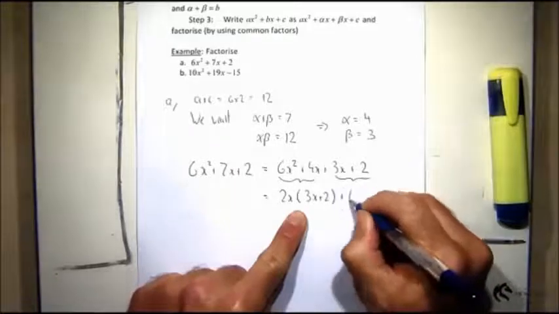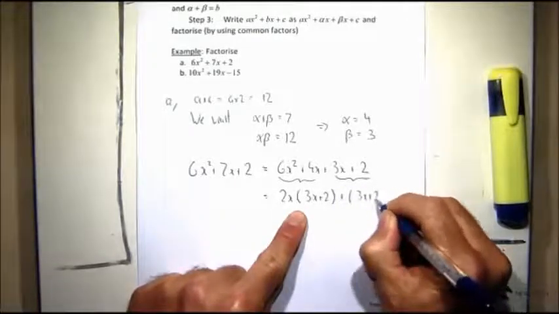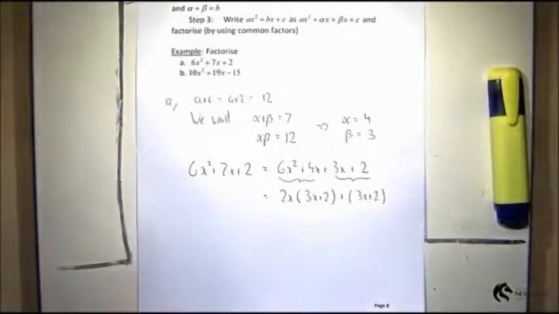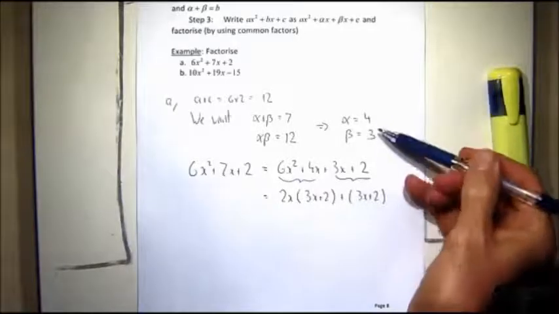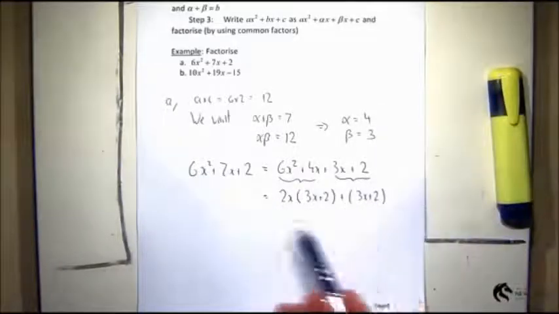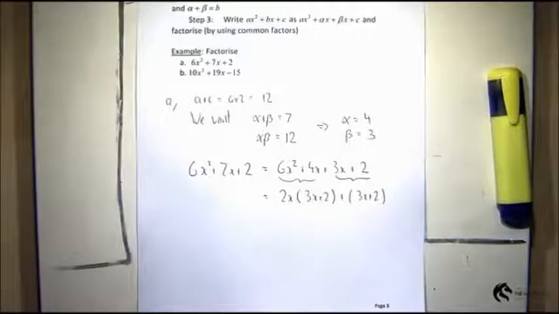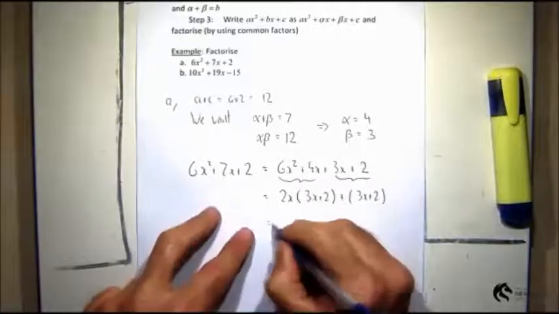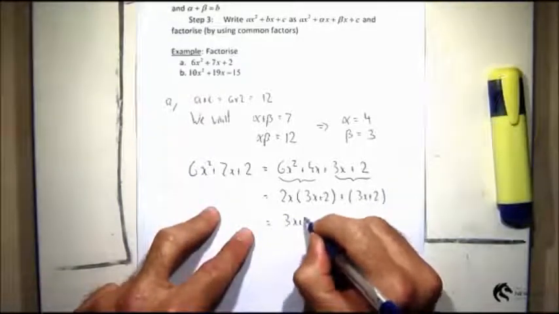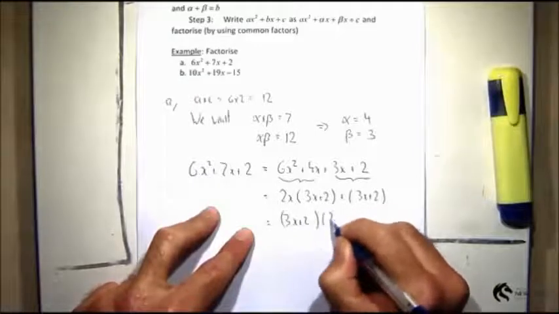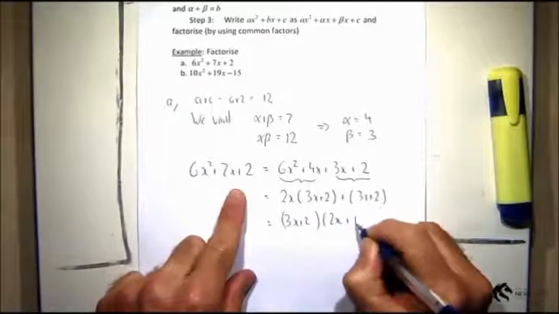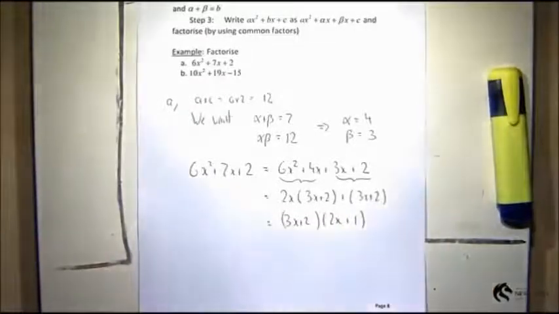And here I have 3x plus 2. And if we have chosen our alpha and beta correctly, you will always be able to do this. It will always come out with a common factor. So now this becomes 3x plus 2, I've got to multiply by 2x to get the first term, and I have to multiply by 1 to get the second term. And there is my quadratic trinomial factorised.